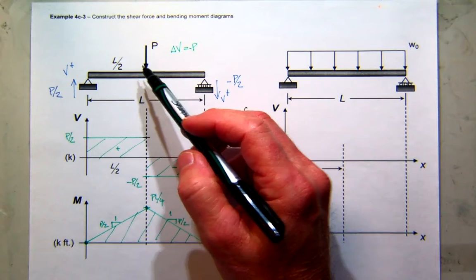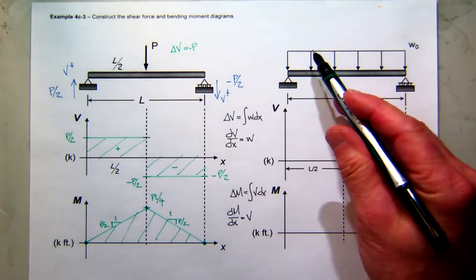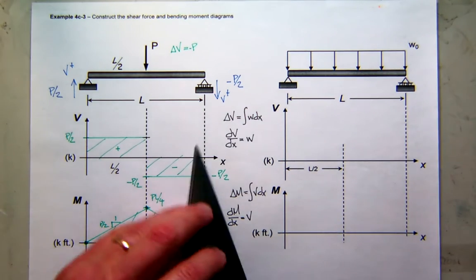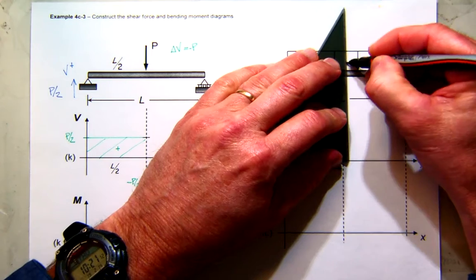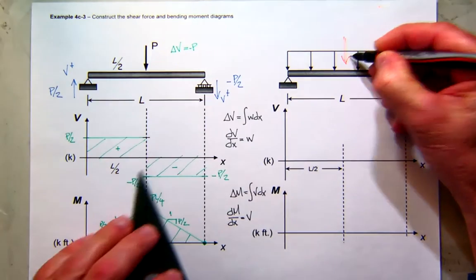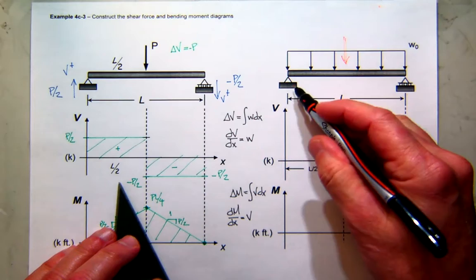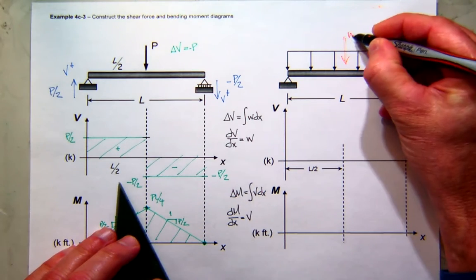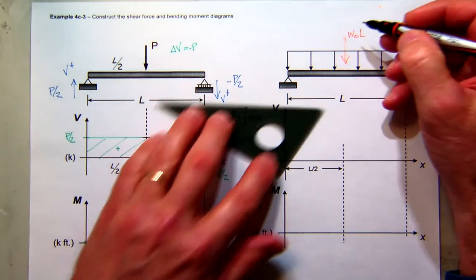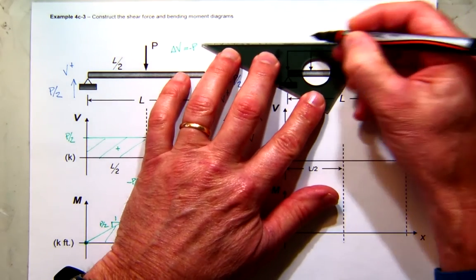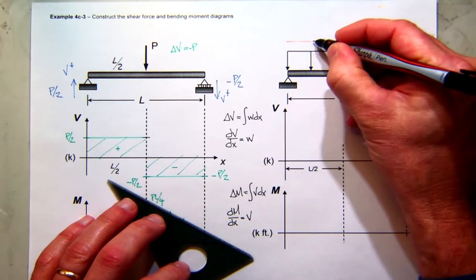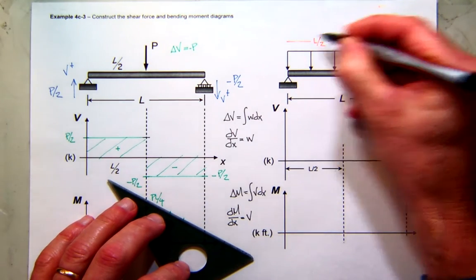All right, so let's bump it up. We'll go from a point load now to a uniform load. Just like we did before, I'm going to assume I've got a concentrated equivalent version. The area under this part of the curve, base times height, so that load will be W naught L. And the distance from either end is going to be L over 2.